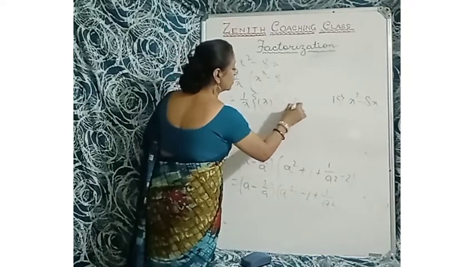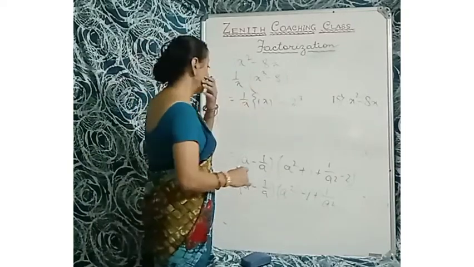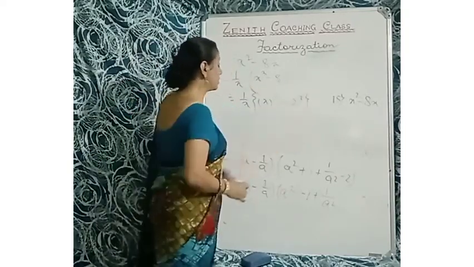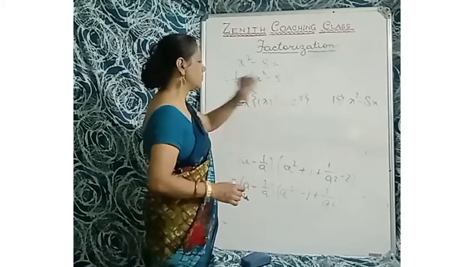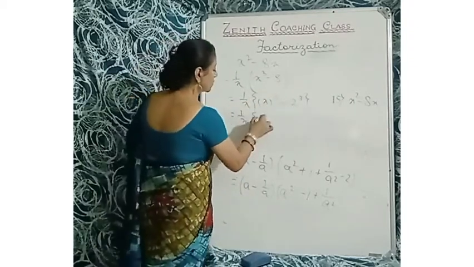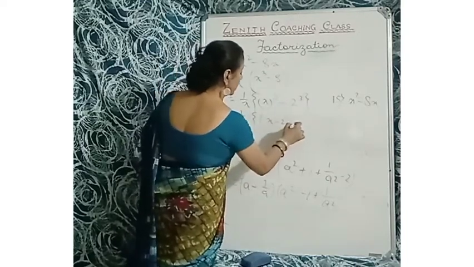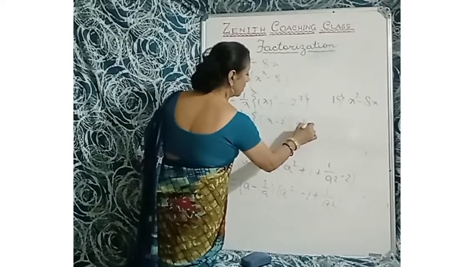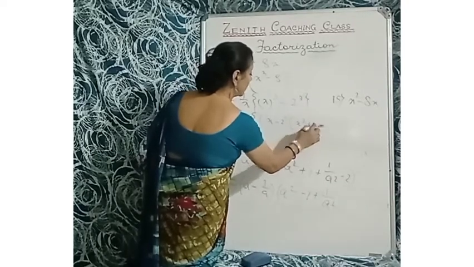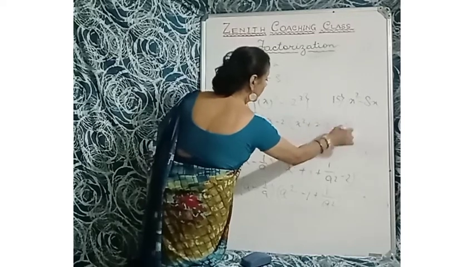x³ minus 2³, we can write 8 as 2³. So now children, it's a formula that is a³ minus b³. So what is the formula here? a³ minus b³, so a minus b multiplied by a square plus ab plus b square, that is x multiplied by 2 plus 2 square.